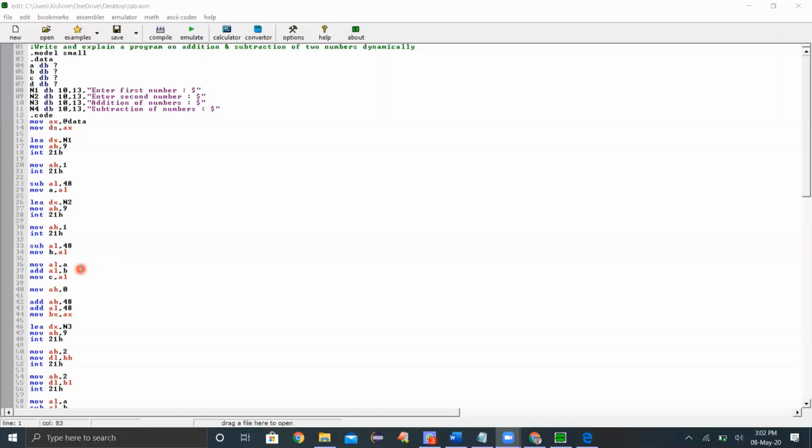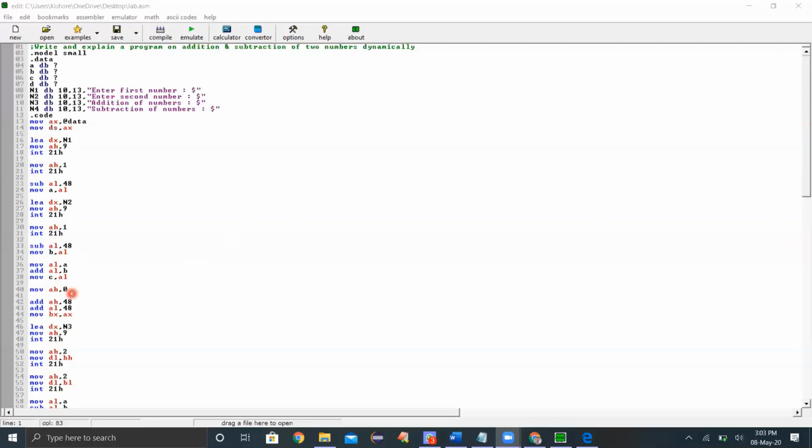Next, we use MOV AL, A and ADD AL, B, which means the A value is stored in AL, and we perform the addition operation, ADD AL, B, which does A plus B. The A plus B result is stored in AL, and the AL value is stored in C. So now C contains the addition of two numbers.